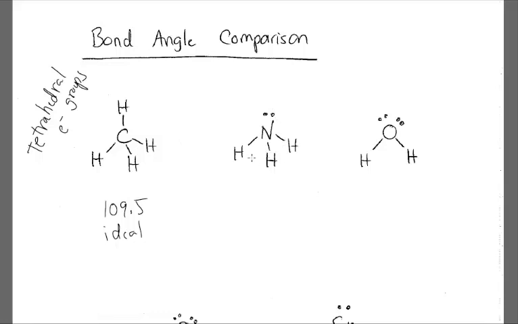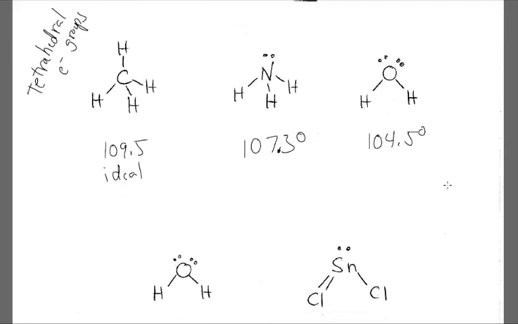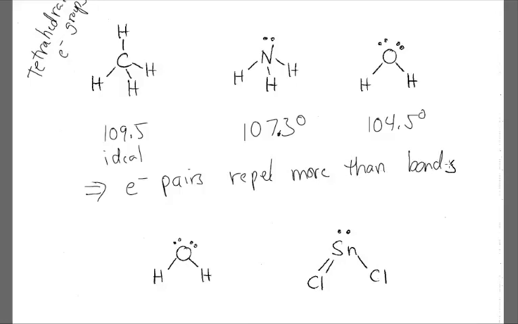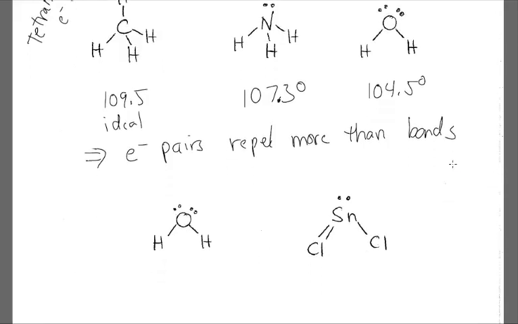These bond angles shrink. This one is actually 107.3 degrees in ammonia. And in water, there's two lone pairs, so it shrinks even more. This one is actually 104.5 degrees. So they do vary from the ideal. So let's summarize again that electron pairs repel more than the bonds, which is why the bond angles shrink rather than expand.